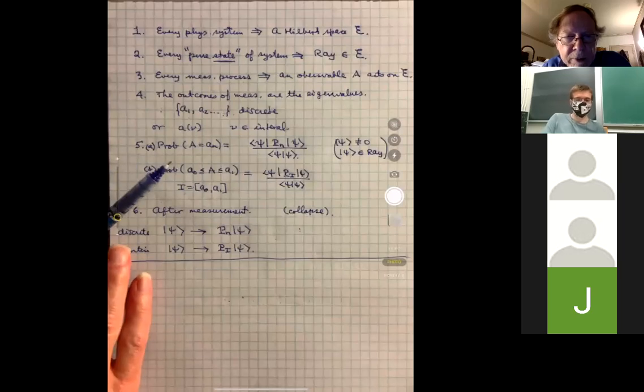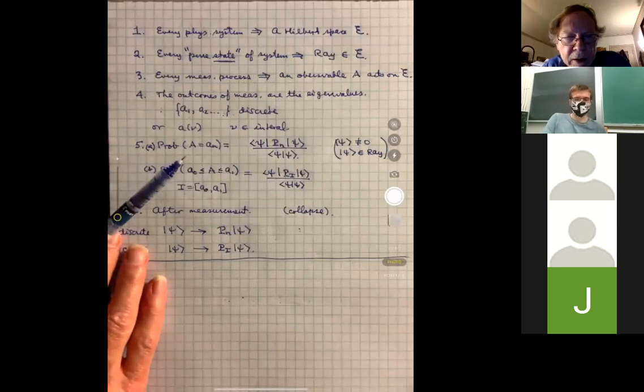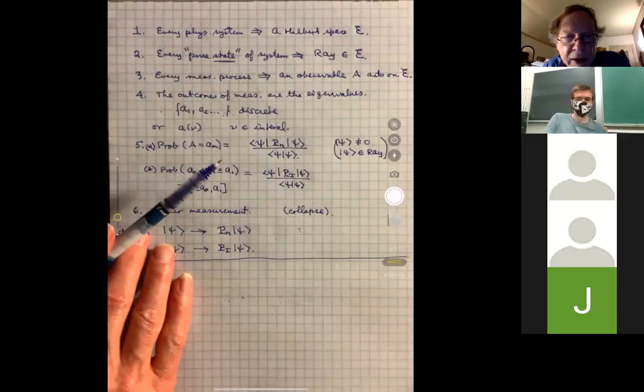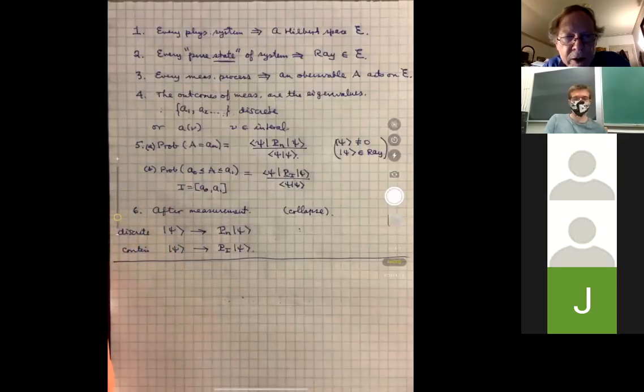If you're measuring the observable A, the probability of getting A equals A_n is determined by making a large number of measurements and doing frequency counts. Similarly for a measurement on an interval. So quantum mechanics does not tell you what the outcome of an individual experiment will be. What it tells you is the statistics of the outcomes of repeated experiments across an ensemble of identically prepared systems.